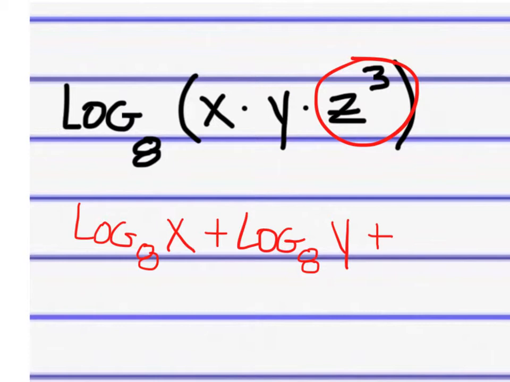You can make it 3 log z instead of having to go back and rewrite all of this just so you can show the step of the exponent coming out to the left. So this is it. And this should be base 8 right here, but I did not write it.